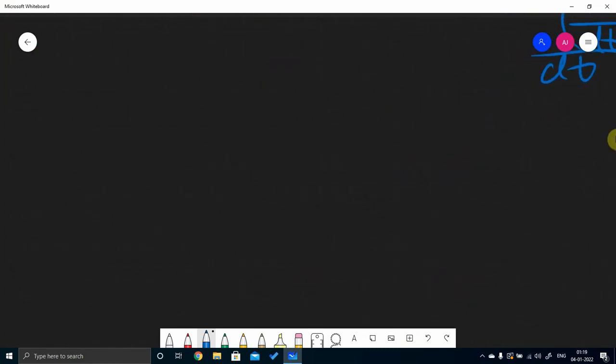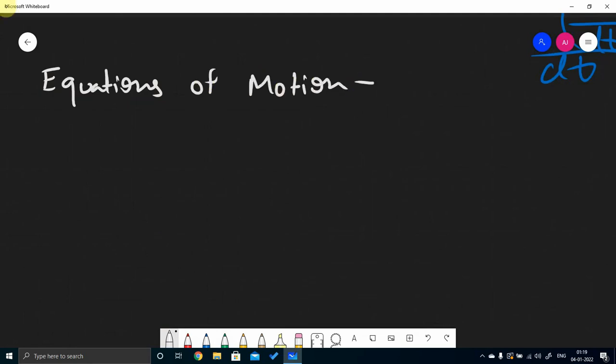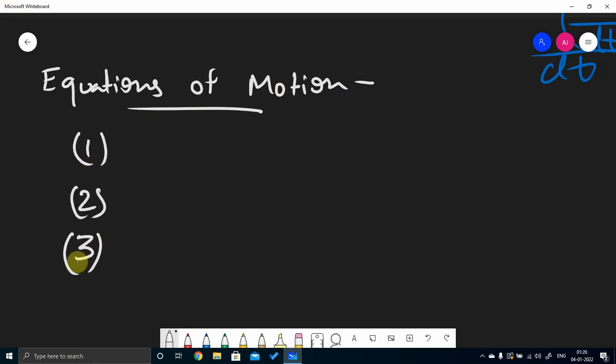Now there are three equations of motion. We can derive these, but to be honest, it's kind of useless. You can use a graph to derive this.